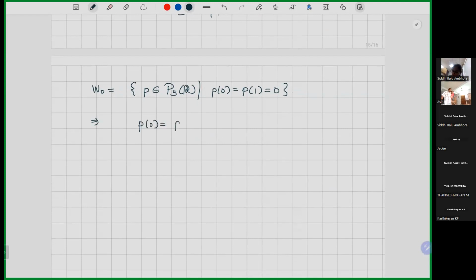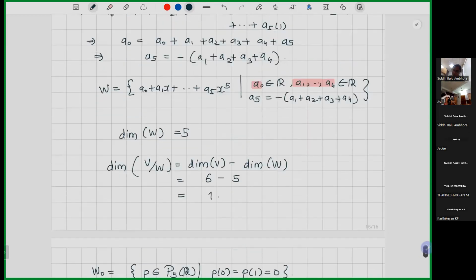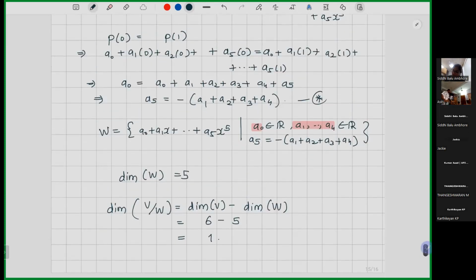So when this is happening, I have only the condition that A5 is minus of A1 plus A2 plus A3 plus A4, right? From the previous part of this question. We already have this, let me denote this by star.